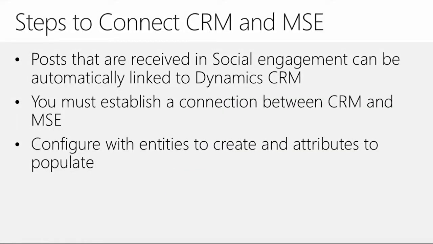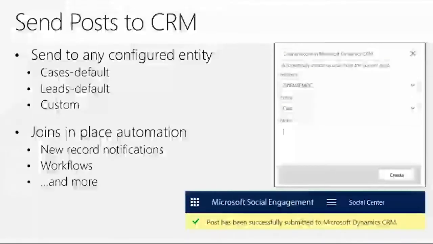So the first thing that you have to do is you have to go into social engagement and you have to establish that connection to your Dynamics 365 environment, and you then have to configure the entities that you want to create, and you have to define what specific attributes in those entities you want to populate inside your Dynamics 365 subscription.